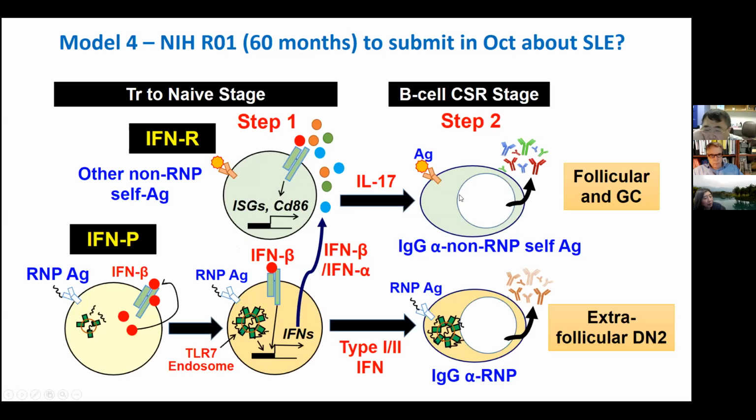Maybe they go into the germinal center where they are stimulated by IL-17, and this is follicular. Of course, it could be IL-21, even IL-4, in the follicular and germinal center pathway. So you get both kinds of B cell generated in lupus, but this is always the dominant one.